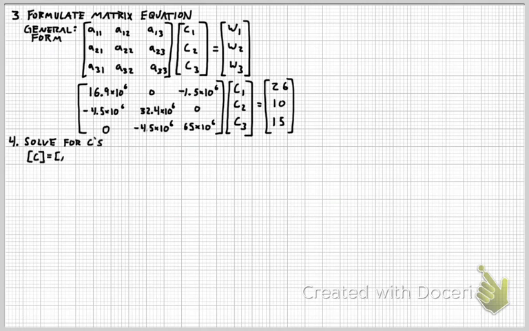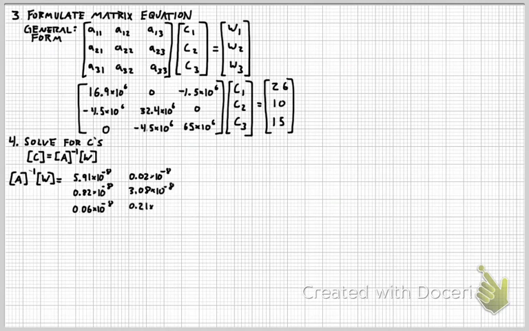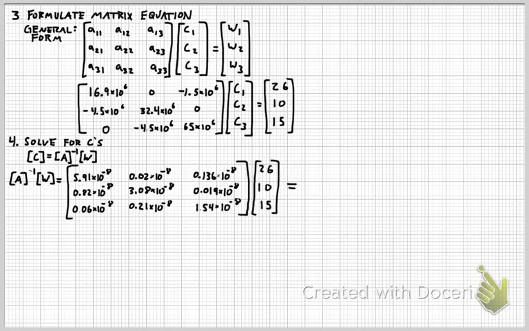So step 4 is going to be to solve for the concentrations. Our general strategy is that our concentration matrix is going to be equal to the inverse of the A matrix multiplied by that loading matrix. What you see on your screen right now are my numerical solutions for this.